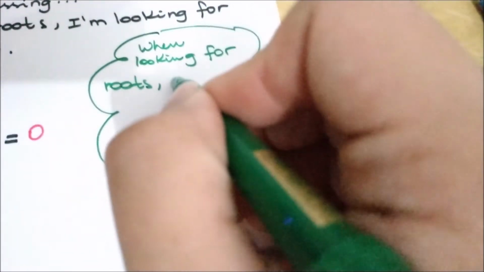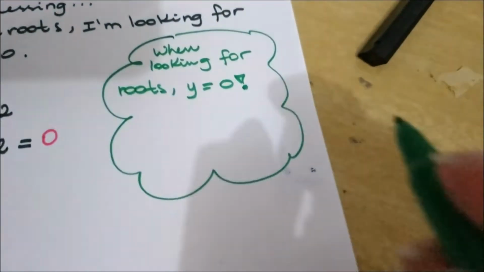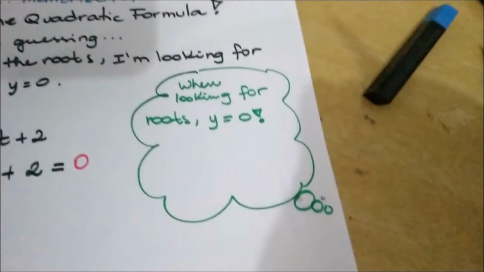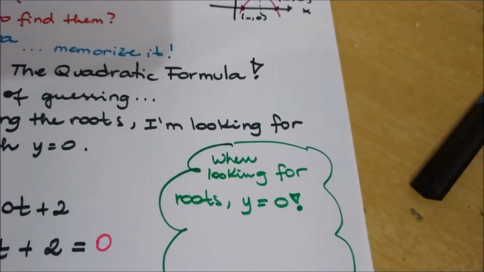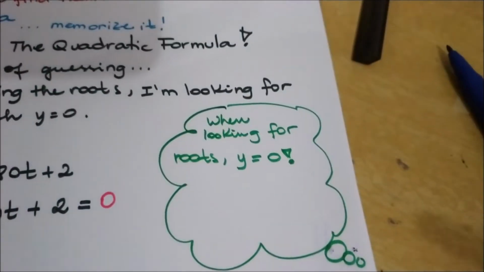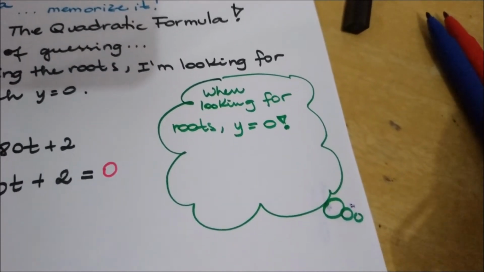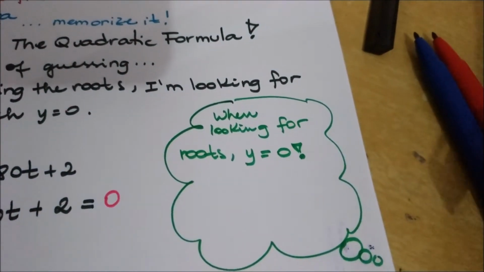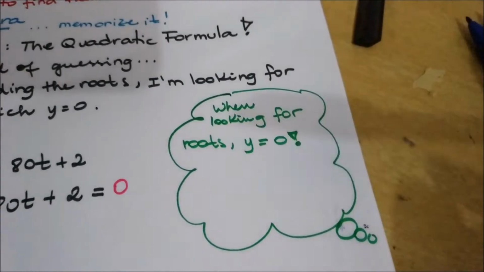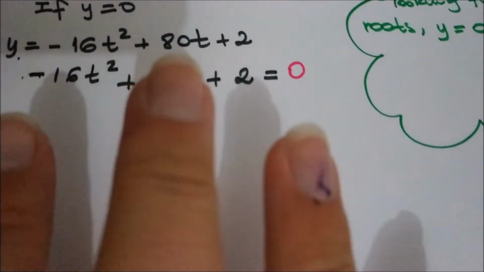When looking for roots, y equals 0. Okay, we might need other things here. Reason why I'm leaving this open here, have some free space. Okay, moving on. Now what?